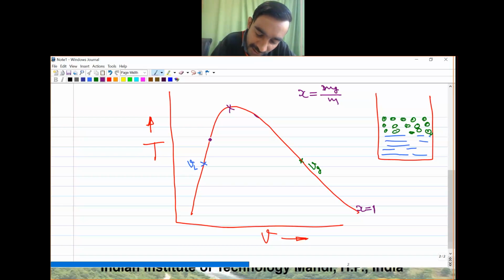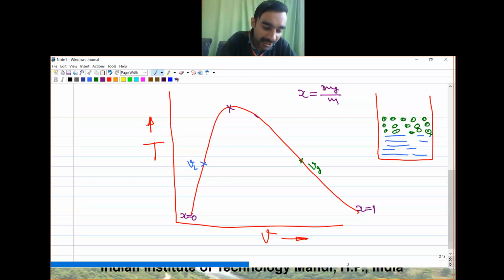And this saturated liquid line corresponds to the situation where there is no vapor present, so mg is 0. So this line on the left of the critical point represents x equal to 0.